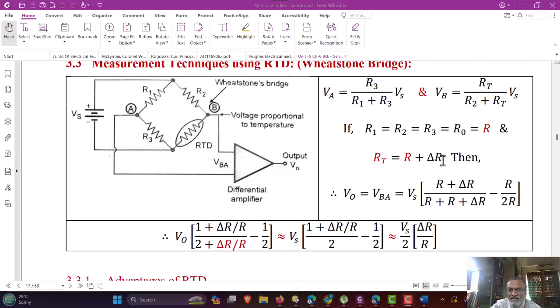The resistance at T degree centigrade is changed from the resistance R by the amount delta R. Therefore, we can replace RT by R plus delta R. Therefore, VO is equal to VB minus VA, as Vs in brackets (R plus delta R upon R plus delta R plus R) minus R by 2R.